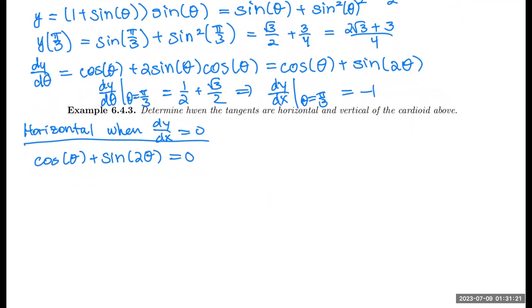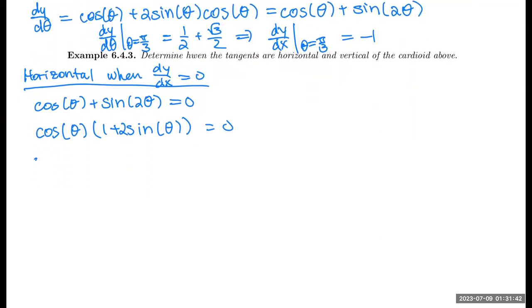And so that is also the same as saying cos theta times 1 plus 2 sine theta equal to 0. So that means we have two solutions here.